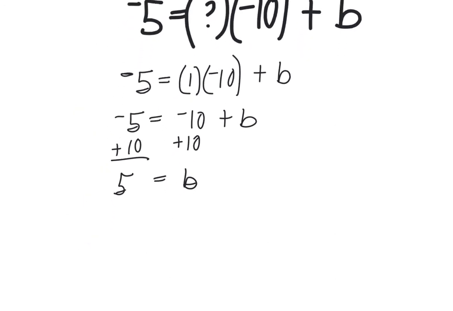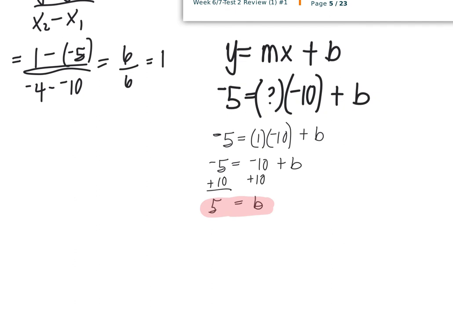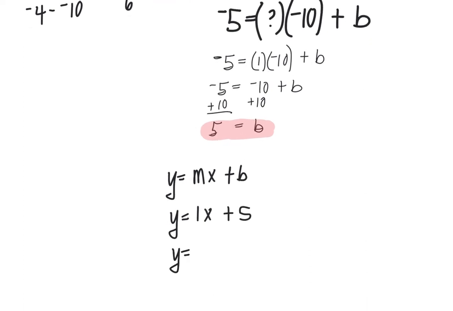So now that I know that b is equal to 5 and m is equal to 1, the slope is equal to 1, I can go to my y equals mx plus b, and instead of solving for something, I'm just going to write what the equation is this time. I can say that y equals 1x plus 5. So we're just going to write that as x plus 5.